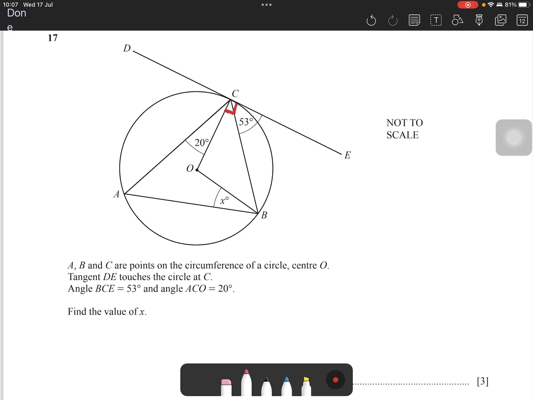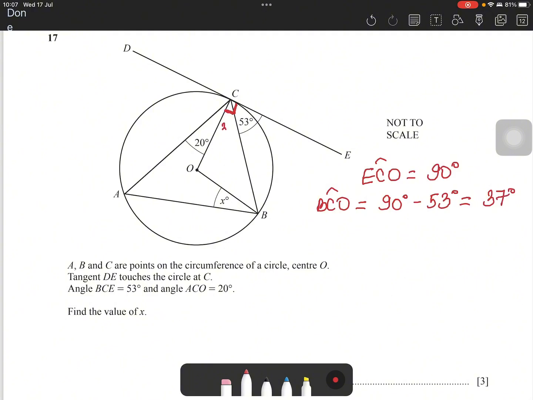First, we see that the angle ECO is 90 degrees because DA is the tangent, so it is perpendicular to CO. Then, to find the angle BCO, we subtract 53 from 90 degrees. So it is 37 degrees.